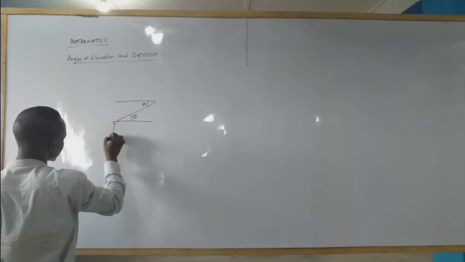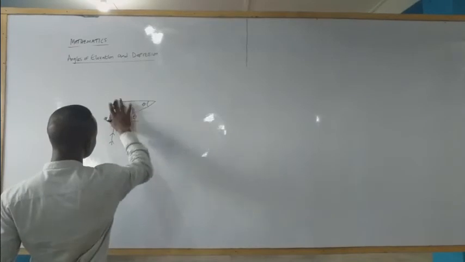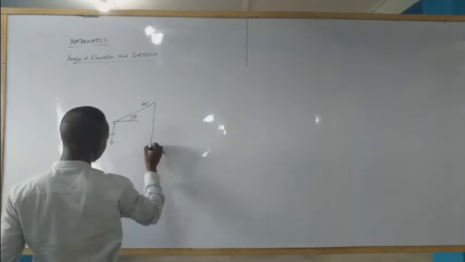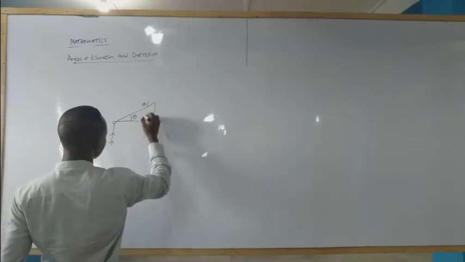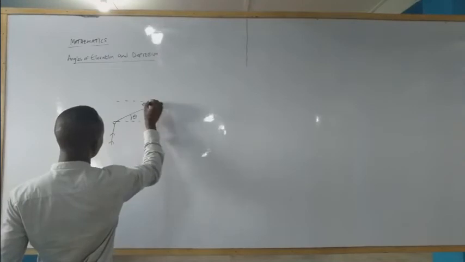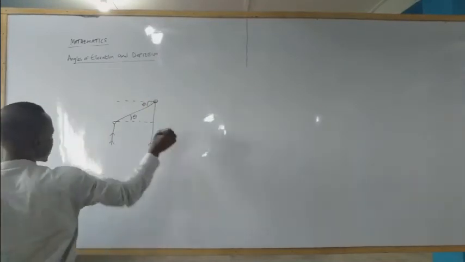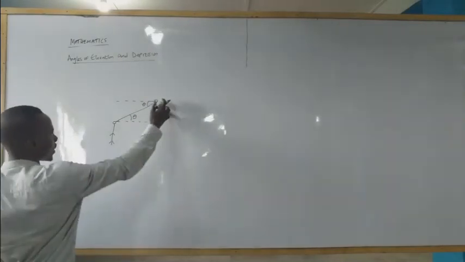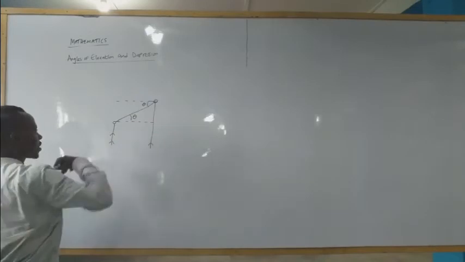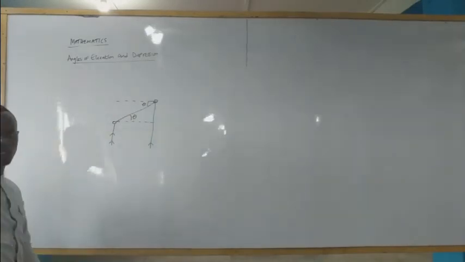This is someone. This is another person. This is the eye level, this is the eye level. This tall person here is looking downwards to this short person, while this short person is looking upwards to this tall person.